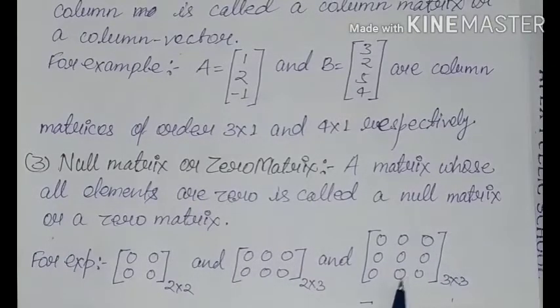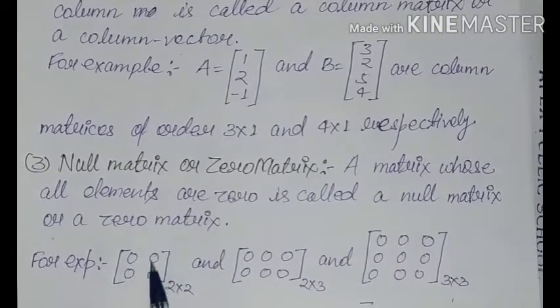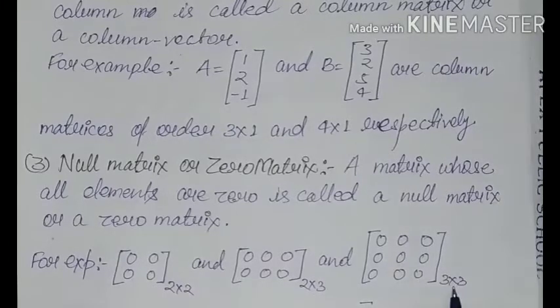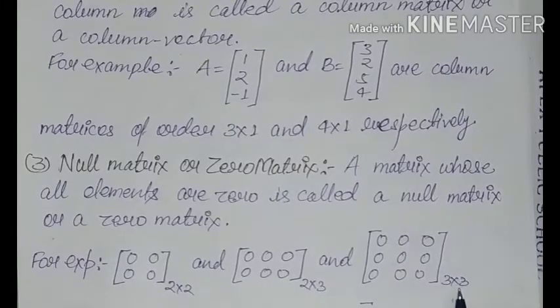The first one is 2 cross 2, means 2 rows and 2 columns, so the order is 2 by 2. This one has order 2 by 3 and this one has order 3 by 3. These are examples of the null matrix or zero matrix.